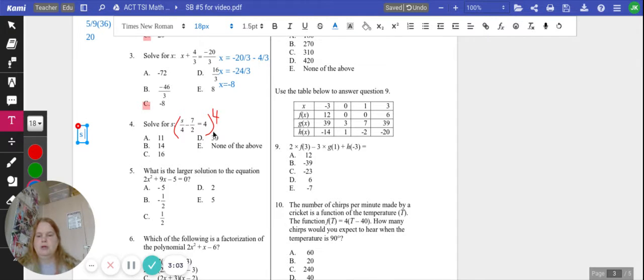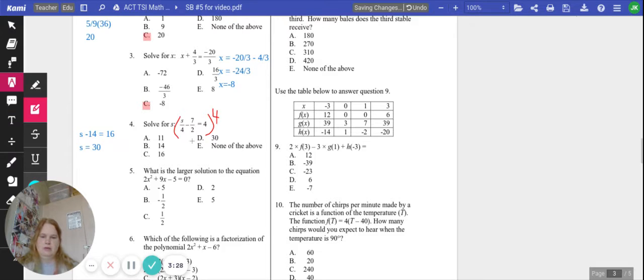And then if I multiply negative 7 over 2 by 4, the 2 goes into 4 two times. 2 times 7 is minus 14. And then over here, 4 times 4 is 16. Cleared fractions, solve for s. I'm going to add 14 to both sides. So 16 plus 14 is 30. So my answer is D, 30.